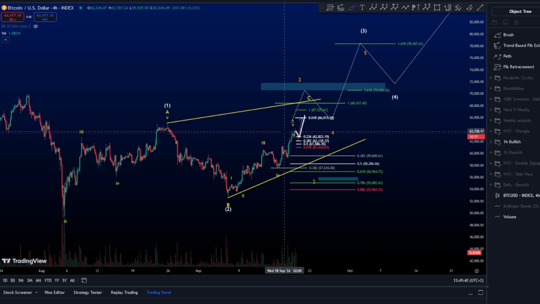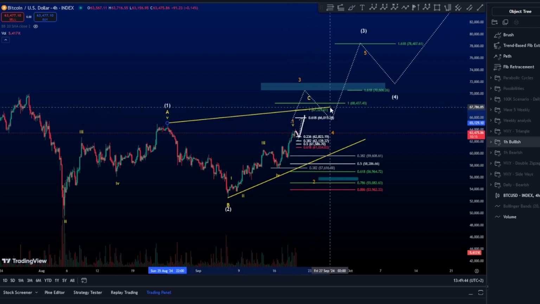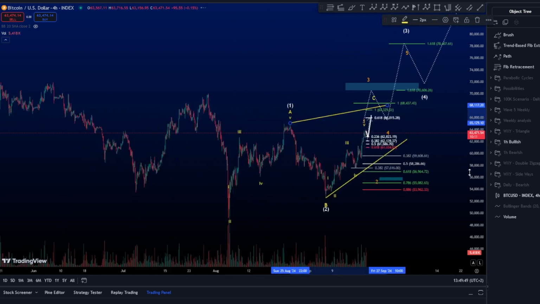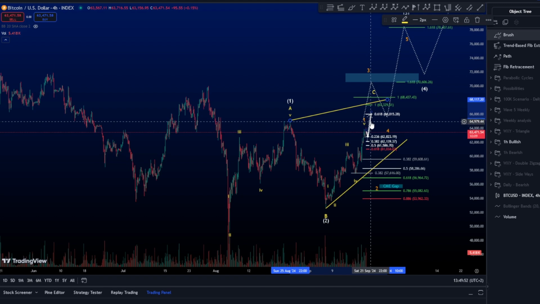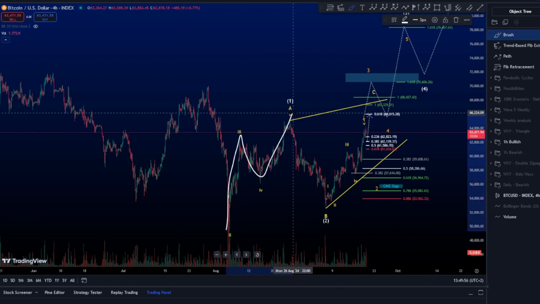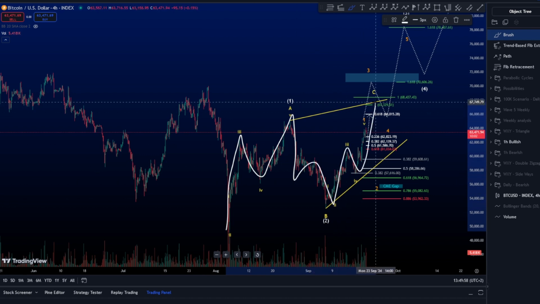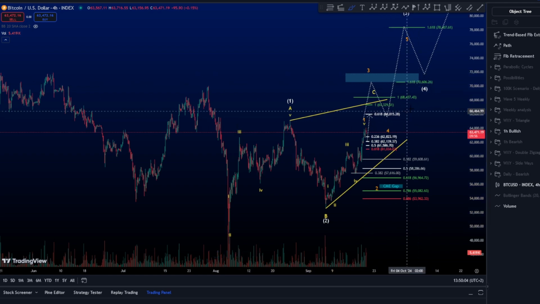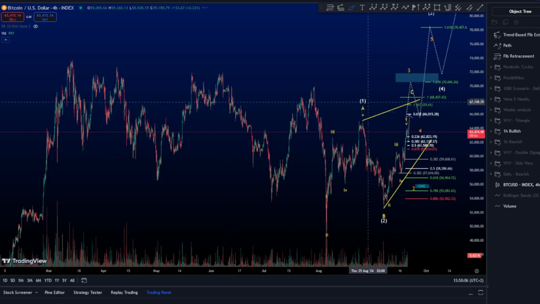Your bullish scenario, of course, is still there: transforming this to a diagonal, as you can see here. So if we reach this, that means we are in a diagonal, as I mentioned before. We have a zigzag for 1, zigzag for 2, zigzag for 3, zigzag 4, zigzag 5, reaching 1.618 at 70,606.